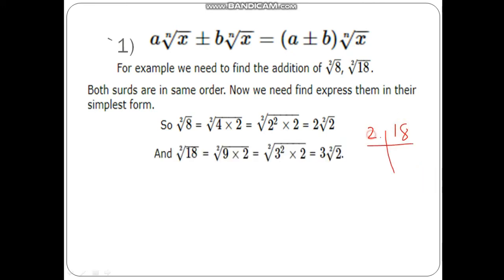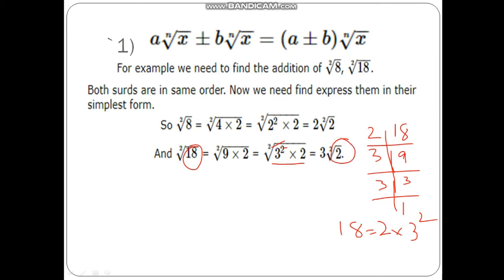Do prime factorization of 18. 2 9s are, 3 3s are and 3 1s are. So 18 will be 2 into 3 square. So in the place of 18 I have written 3 square into 2. So this 3 square and square root are cancelled with each other and 3 will come out, and the remaining inside is 2.